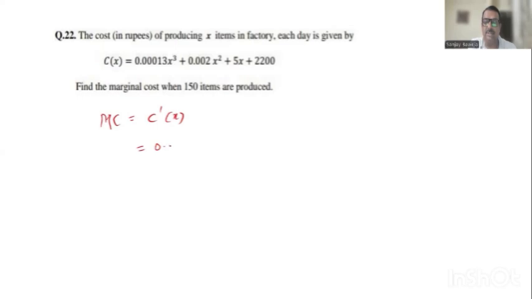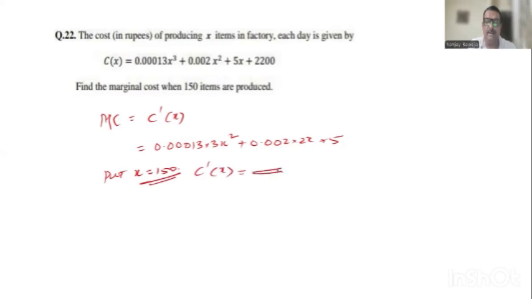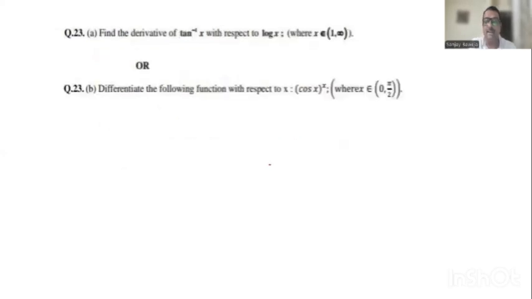So it is 0.0013 times 3x square plus 0.002 times 2x plus 5. And in place of x, put x is equal to 150. So C dash 150 will give you the answer of the question. I hope this is also clear.